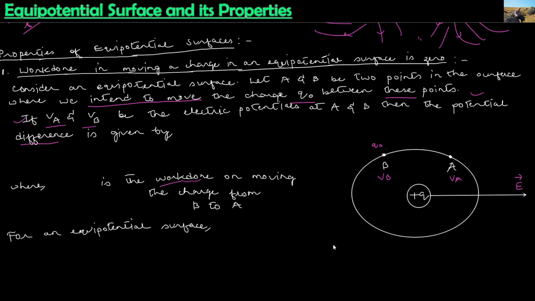So what is that potential difference in this case? Since we are moving from point B to point A, point B will be considered momentarily at a high potential, VA minus VB. So what is this VA minus VB? The electric potential difference is nothing but the amount of work done in moving the charge.